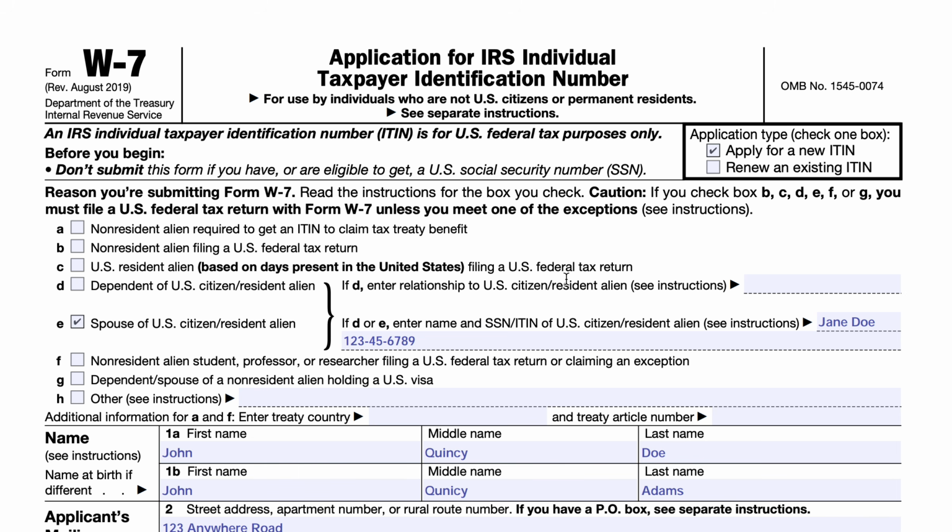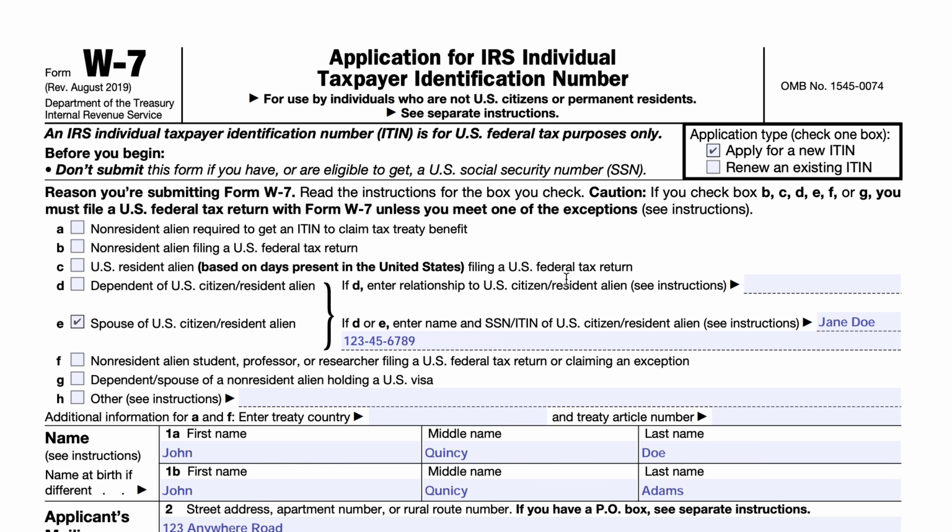Form W-7, the application for IRS individual taxpayer identification number. This is a tax form issued by the IRS under the Department of Treasury for individuals who are not U.S. citizens or permanent residents, but still need a taxpayer identification number of some form for tax purposes.